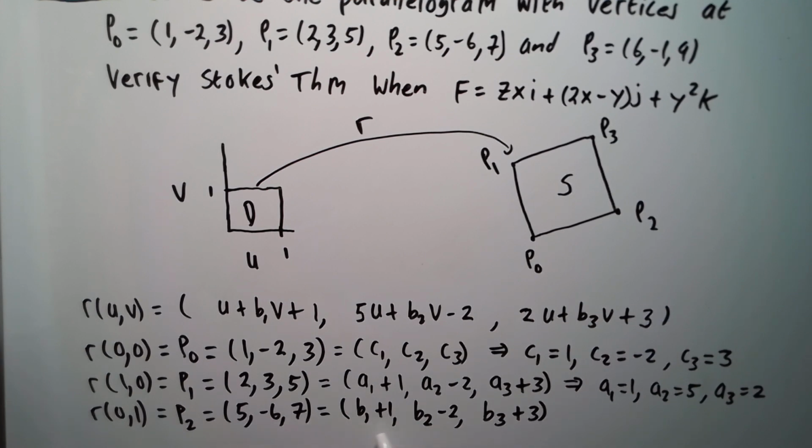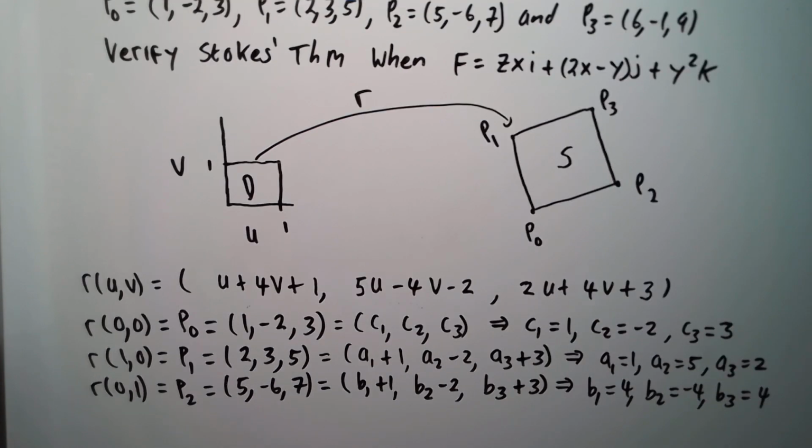Then we can solve for these. B1 plus 1 has to equal 5, so B1 is 4. B2 minus 2 equals minus 6, so B2 would be minus 4. And B3 plus 3 equals 7, so B3 would have to be 4. Now I can replace the B values up here.